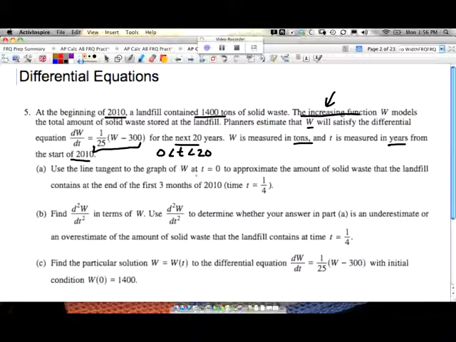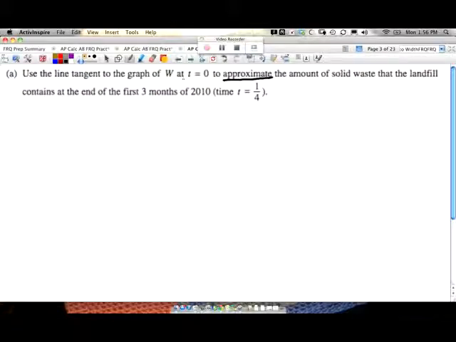Okay. Use a line tangent to the graph of W to approximate the amount of solid waste. Alright, so some buzzwords that stand out in this. First, approximate, and second, tangent. That means that I'm going to have this equation, y minus y1 equals the slope times x minus x1.